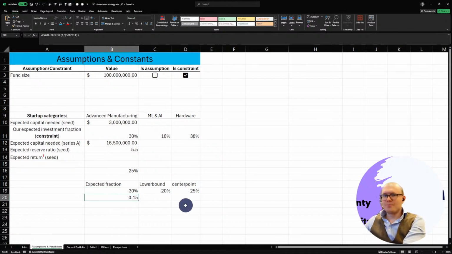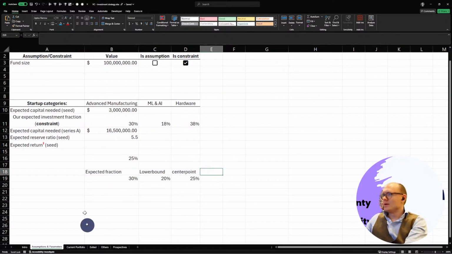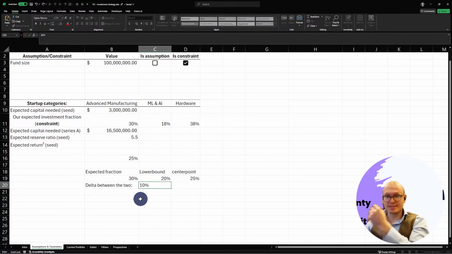So the way we did that is we simply scale everything down so that we find the delta between the two, which in this example is 10, but generally it will be b1 minus 20, right?